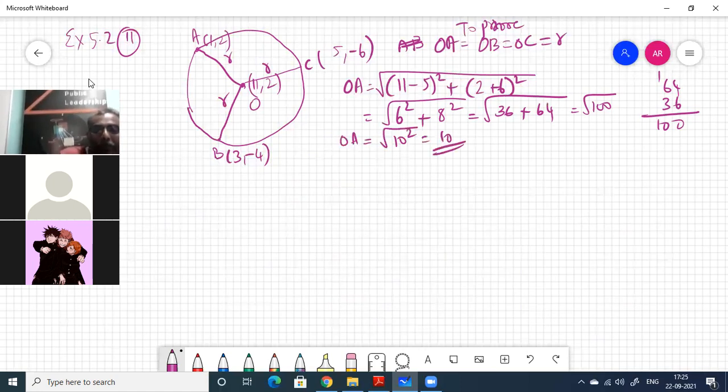Now let us see if OB and OC are also equal to 10, then you have finished the sum. OA you finished. OB is equal to the square root of (11 minus 3)² plus (2 plus 4)². This is x1, y1, this is x2, and let's take x3, y3.